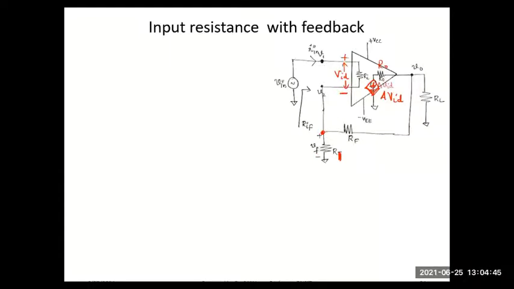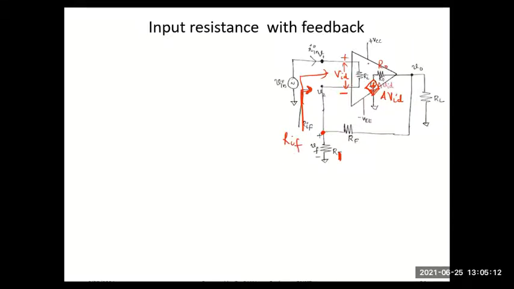The midpoint of this series combination comes to the inverting input terminal. Therefore, I am now interested in finding what is the resistance seen by this voltage source Vin. What is the overall resistance as seen by this voltage source Vin? That is my input resistance with feedback.